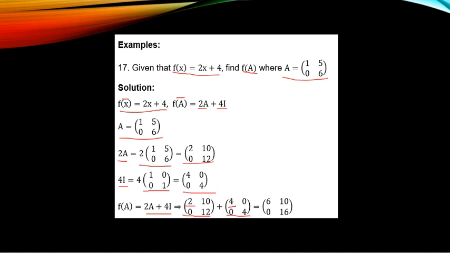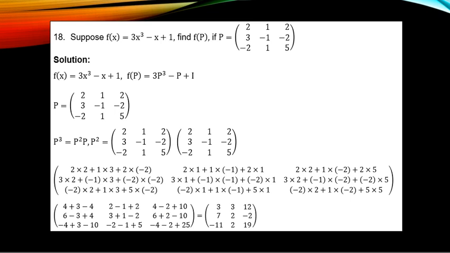Then 10 plus 0, you have 10. So I'm doing it element to element. Then 0 plus 0 is 0. Then 12 plus 4 is 16. So this is how we do polynomial of a matrix. All right.